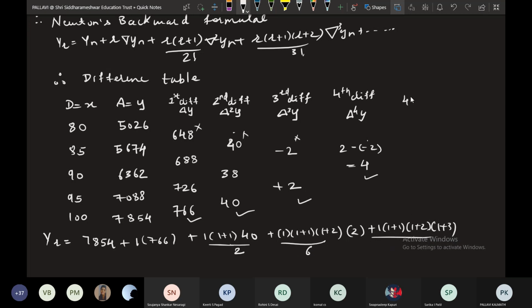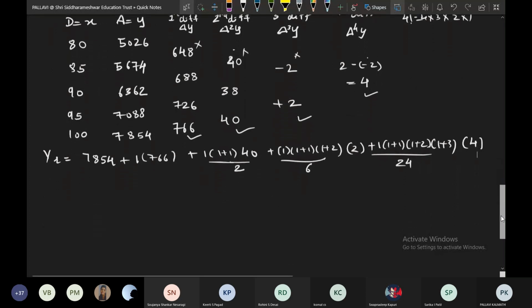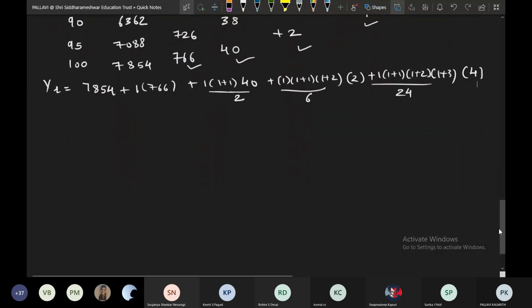What is 4 factorial? 24. It is 4 into 3 into 2 into 1. Into what are you going to multiply? The fourth difference. Please simplify and tell me the answer.